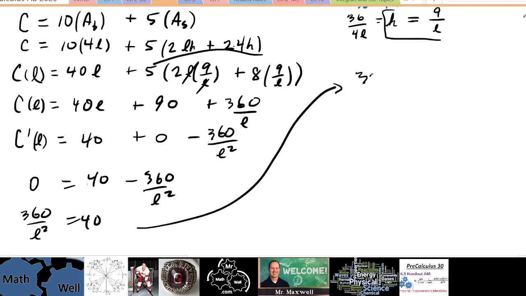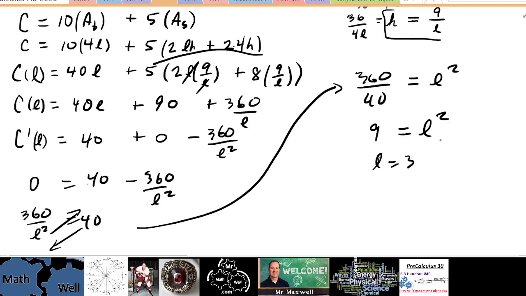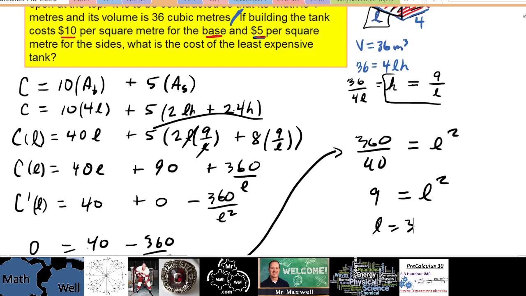I'm going to have 360 over 40 equals L squared, because you can multiply both sides by L squared, divide both sides by 40. 360 over 40, 9 equals L squared. Okay, so L is 3. Awesome. That's nice, a nice even number.